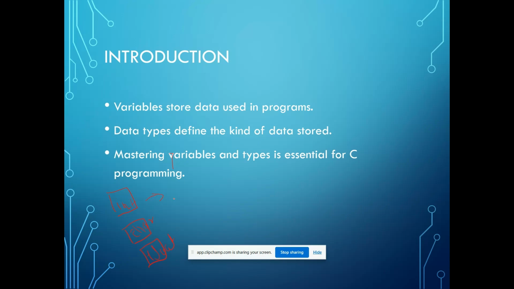So age, as it is a number, will go to the integer. So grade is the character, and float is the pi because it's a floating point value. So it will go into the float box.